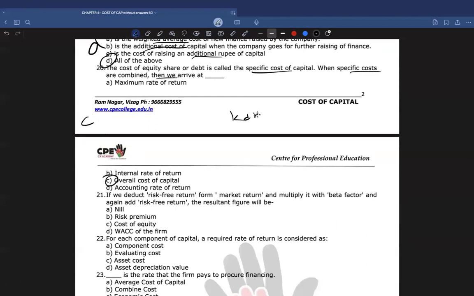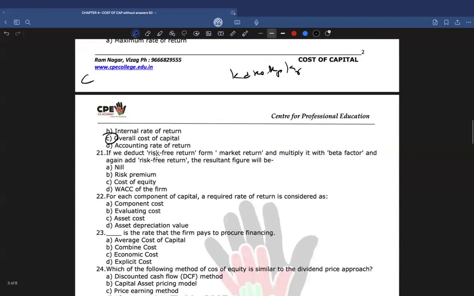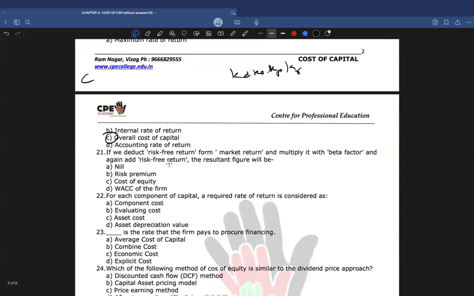The KD, KE, KP are specific costs of capital. All these combined as weighted average is the overall cost of capital. If you deduct risk-free return from market return, RM minus RF, and multiply with beta, and again add risk-free, the resultant figure will be nothing but the KE, sorry, our CAPM model KE.